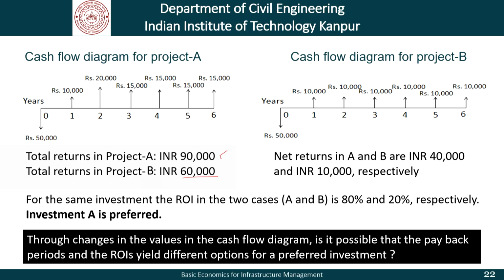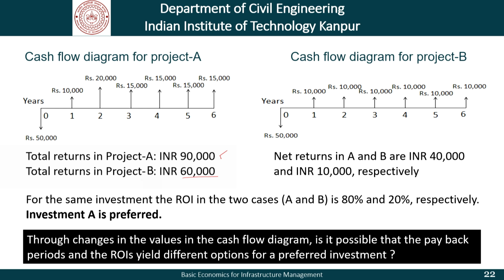Recall that even when we are talking of the payback period, option A was preferred over option B because the 50,000 is getting recovered in the case of A in just more than 3 years, whereas in option B it is pretty close to 5 years. In this case, therefore, the way the example has been given, both the average ROI and the payback period point that option A is the preferred option.